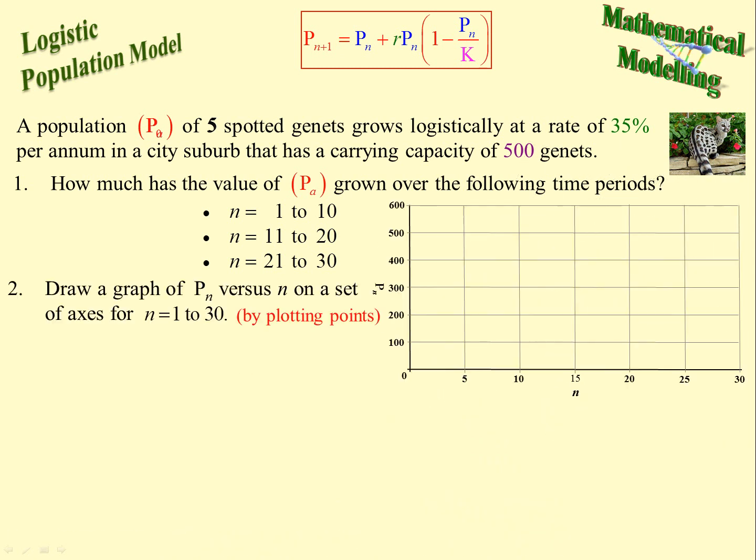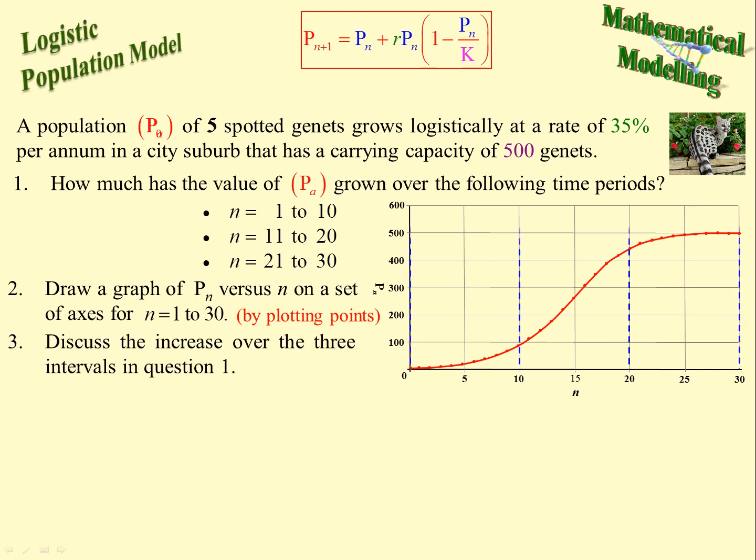Draw a graph by plotting points. Okay, so we're going to draw a graph of the values from 1 to 30, and that's what it gives us. The S-shaped curve. Discuss the increase over the 3 intervals in question 1. So there are the 3 intervals, indicated there.